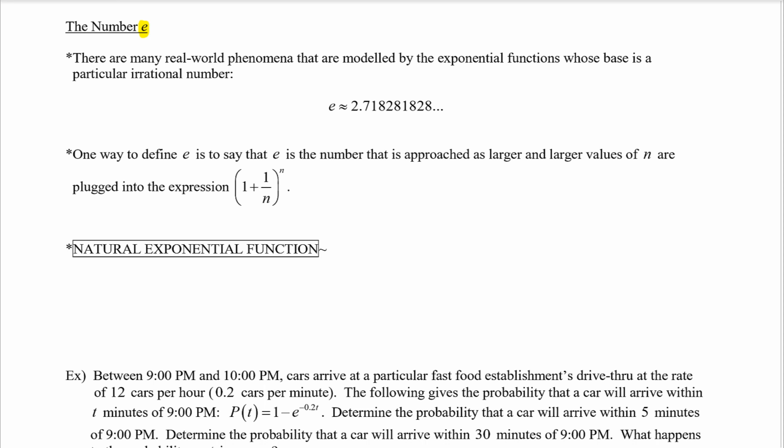Notice that it's positive. Also notice that it's bigger than 1. So e is positive and bigger than 1, so it's exponential growth if it's the base of an exponential function. So the natural exponential function, this would be a parent function, right?